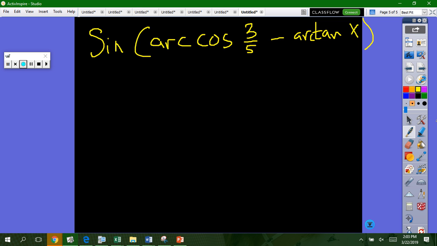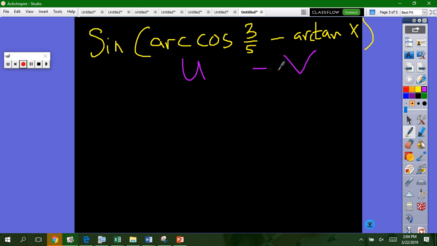Can anybody tell me what the arc cosine of 3/5 is? That's an angle. Remember when you see an arc cosine, arc tangent, arc sine, whatever, that's an angle, isn't it? So isn't this basically just u minus v?